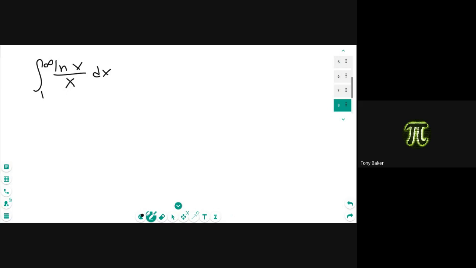Yeah, so we're going to have to use u substitution on this one. So u is ln of x. So du is, hey, we have that. How about that? And if I plug in u of 1, that's 0. And u of infinity is still infinity.